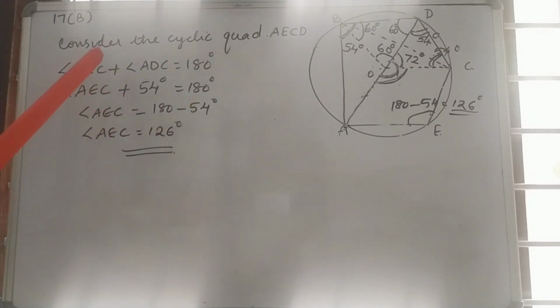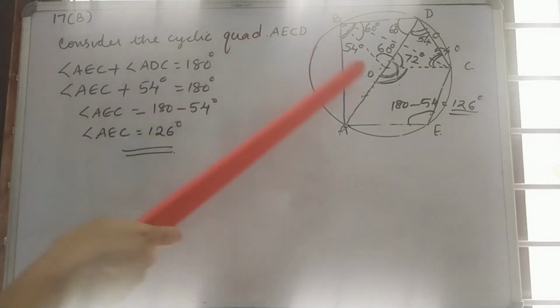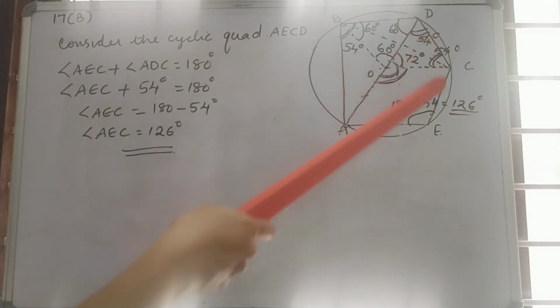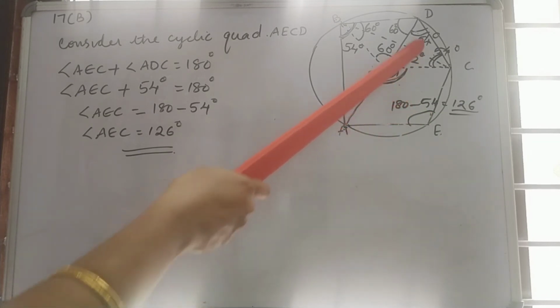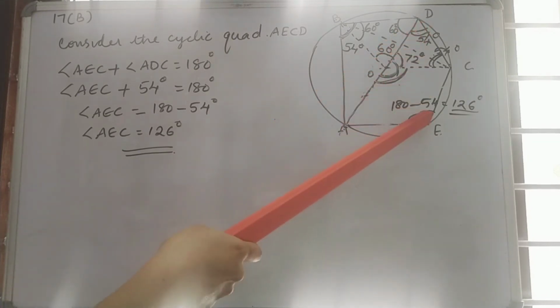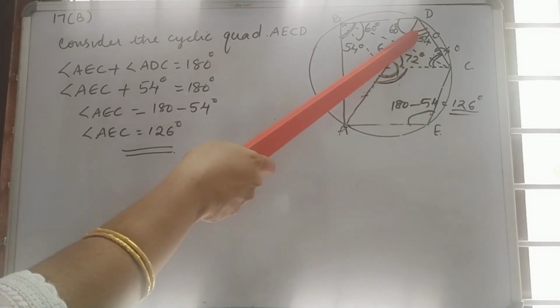So angle AEC plus angle ADC is equal to 180 degrees.